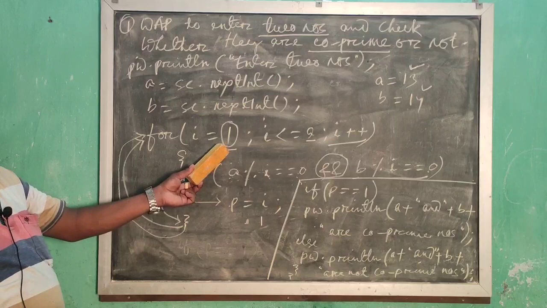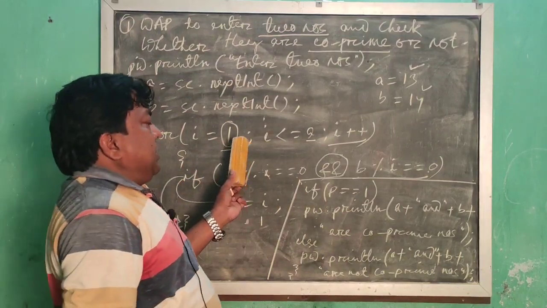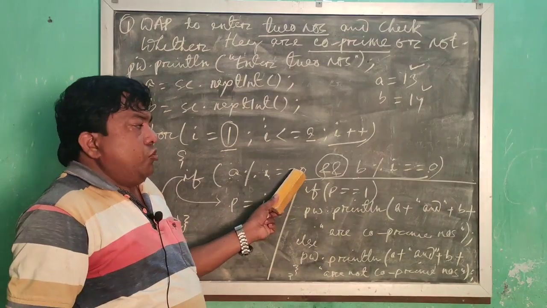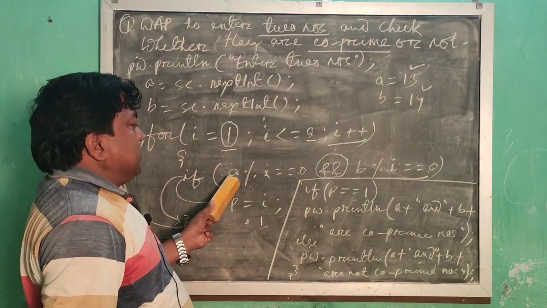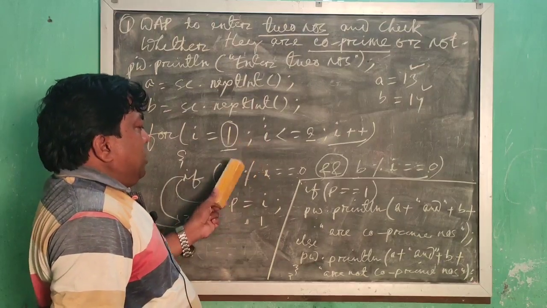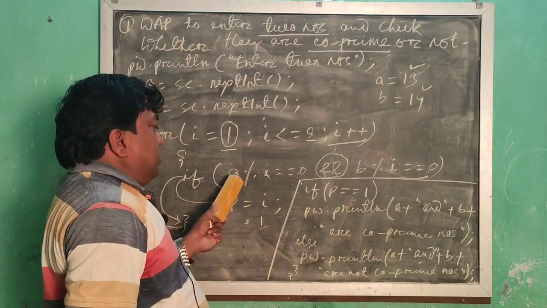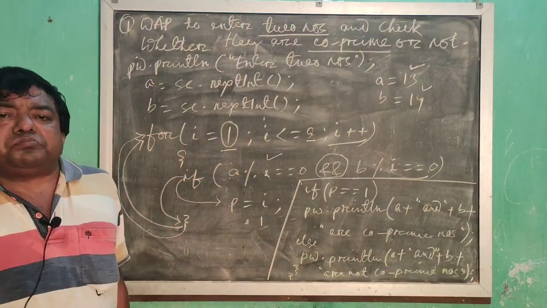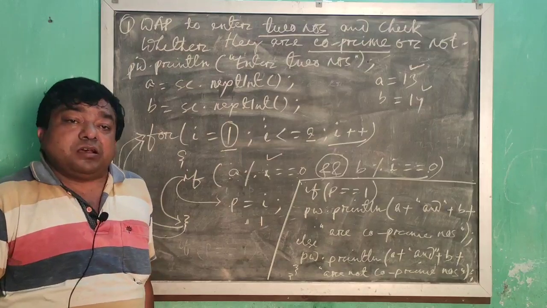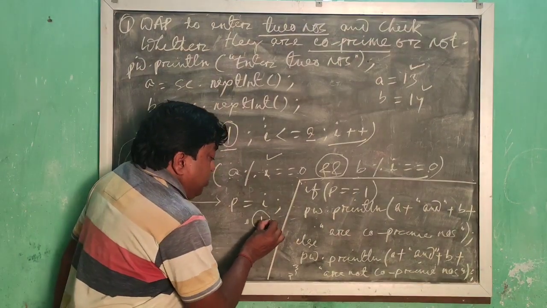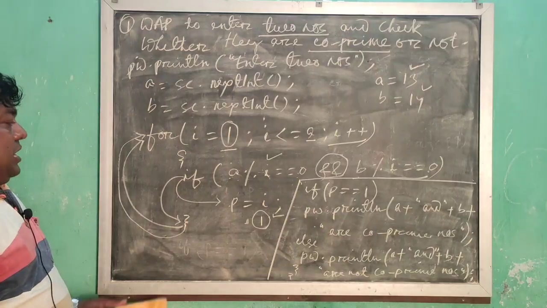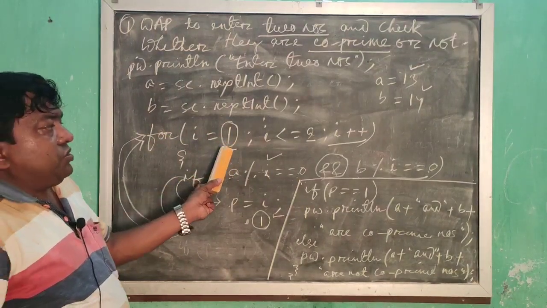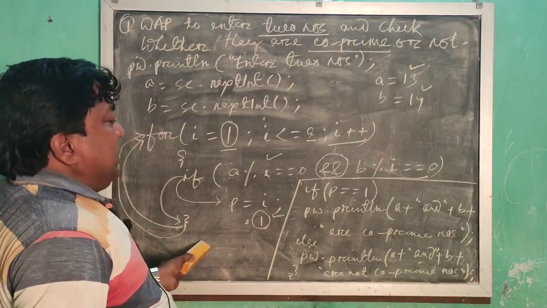Then i will be 3, 13 modulus 3, no; i will be 4, 13 modulus 4, no; 13 modulus 5, no. Again we will not find any factor, so the final value of p will be 1, after the loop continues 13 times and comes out.